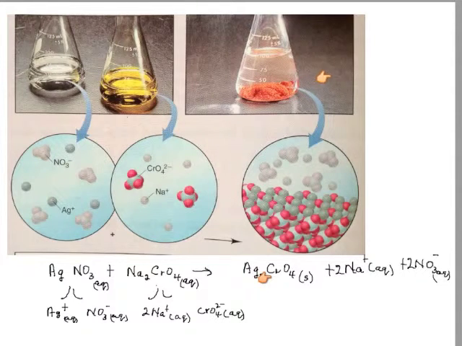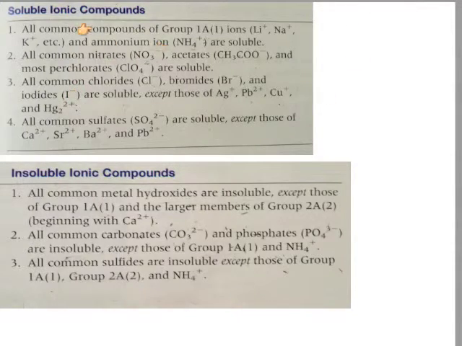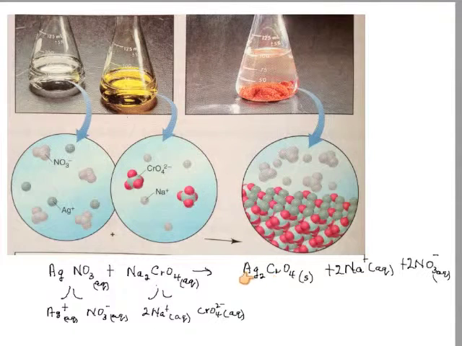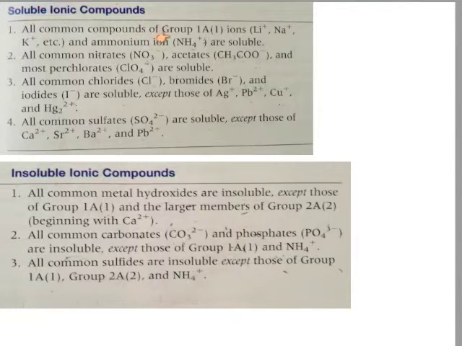Before I proceed, I want you to be familiar with solubility charts like this. Let's just go over some of the general rules that will help us guide how to decide which of the compounds will precipitate and which ones won't. All common compounds of group 1A ions like lithium, sodium, potassium, etc., and ammonium compounds are soluble.